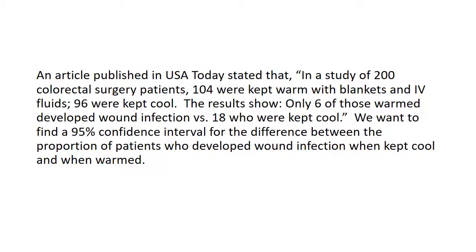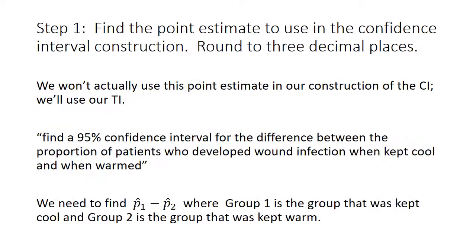Group 1 is going to be patients who were kept cool. So we want to find the point estimate. Again, we're not going to use this point estimate to construct the confidence interval. We'll use our TI, but we still want to know the point estimate. We're going to find p hat 1 minus p hat 2.